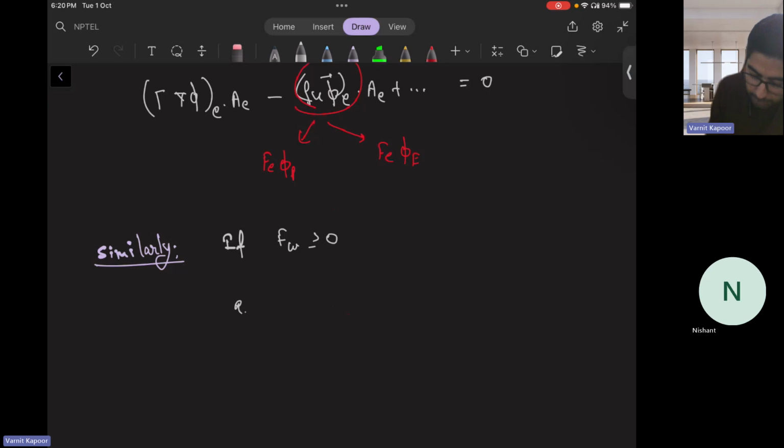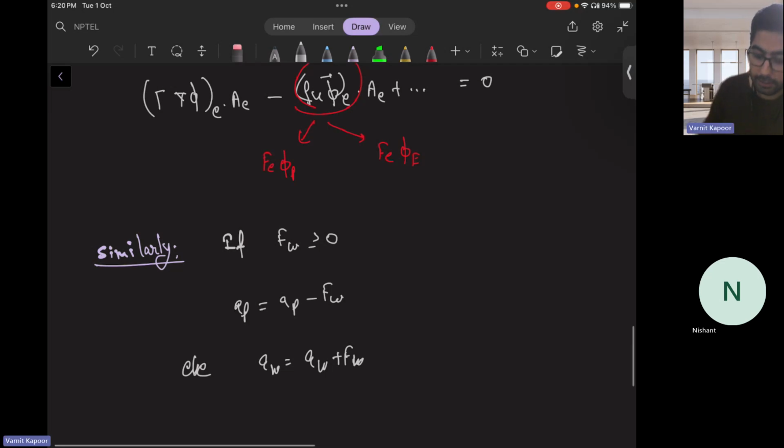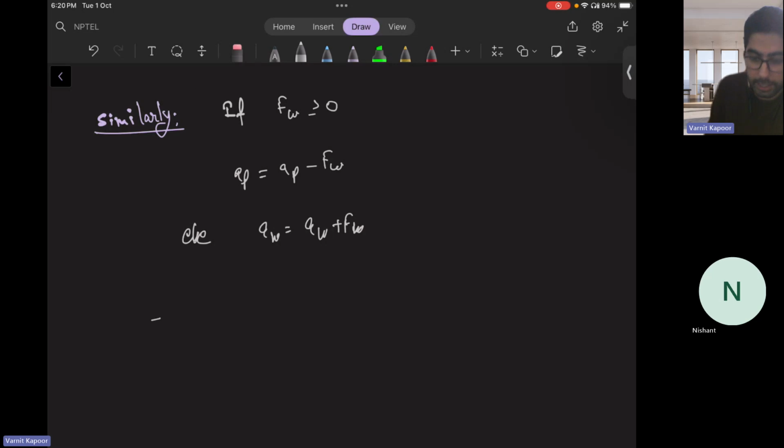Then you will get AP value to be AP minus FW, else you will get AW is equal to AW plus FW. Again, if you see the equation for the west phase, what you will write? Gamma grad phi W dot AW minus rho U phi W dot AW plus other contributions as well.